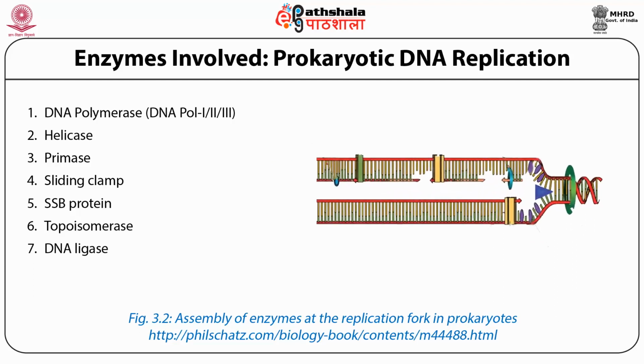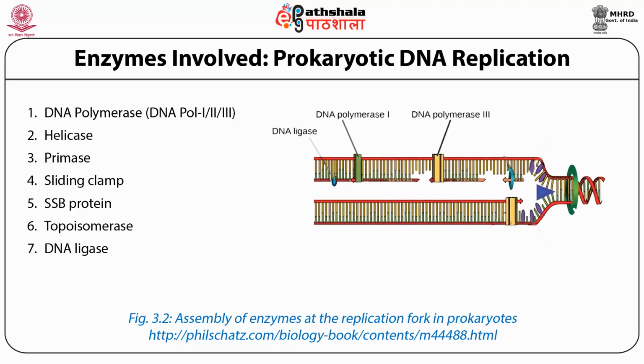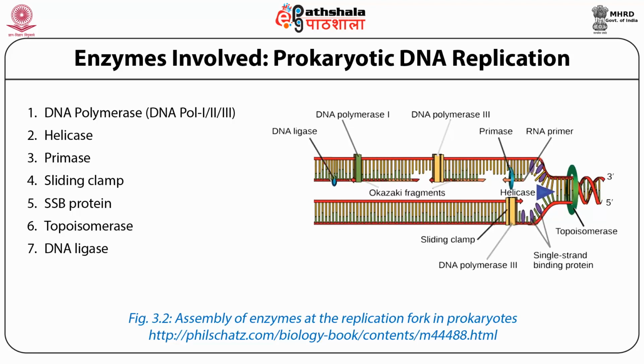Later on, the RNA primer is removed by DNA pol 1, which acts as an exonuclease to remove the primer. Thereafter, the nascent DNA strand is extended by the action of DNA pol 3.